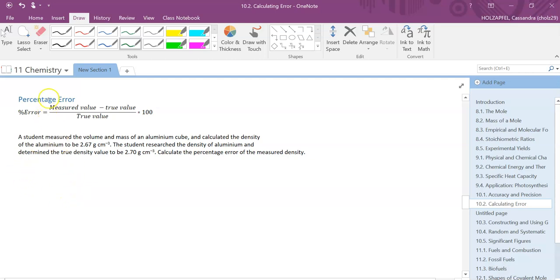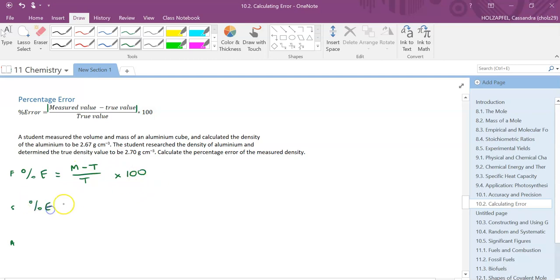So we're going to do this using an absolute value. Absolute value just means we're going to pop these brackets on the ends here. First things first, as I said before, we write our formula, then we're going to substitute, and then we're going to get our answer. So percentage error is going to be equal to the difference between the measured value and the true value, divided by the true value, times by 100 to make a percentage.